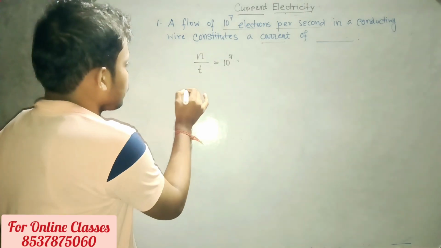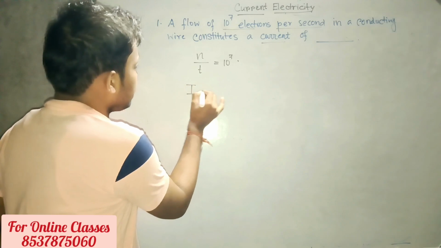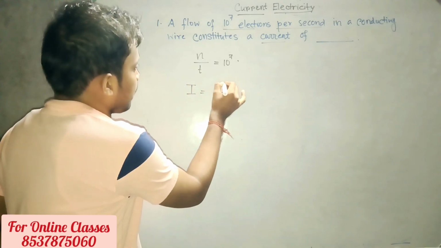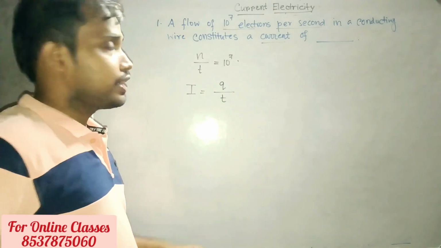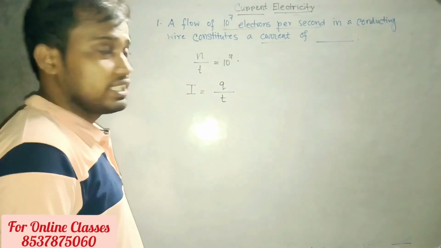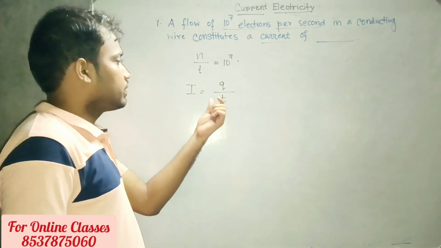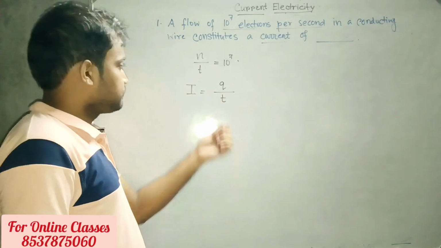We know current equals the amount of charge reaching a conductor per second, divided by time.